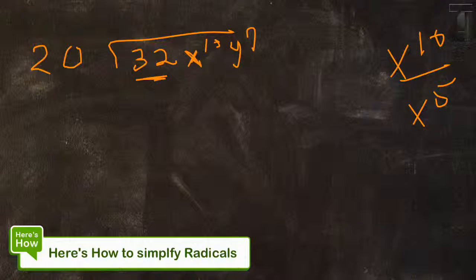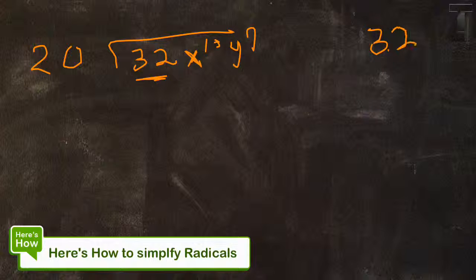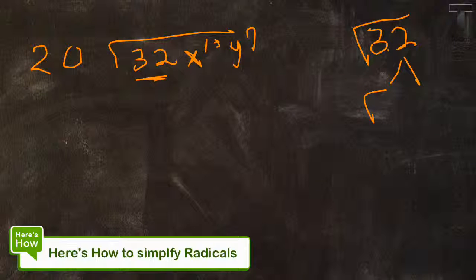What number is going to be outside the radical? So over here, I'm just going to break down the 32. Let me erase this, don't need this anymore. If I break down root 32, it can break down to root 4 times root 8.